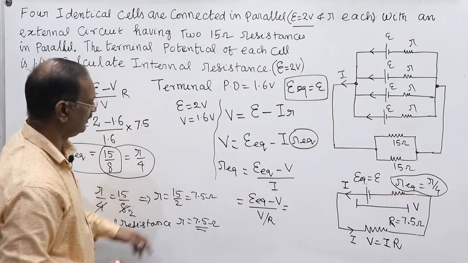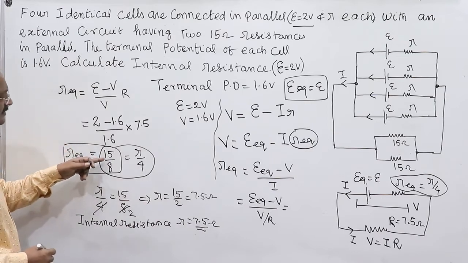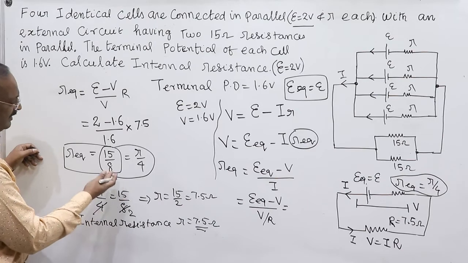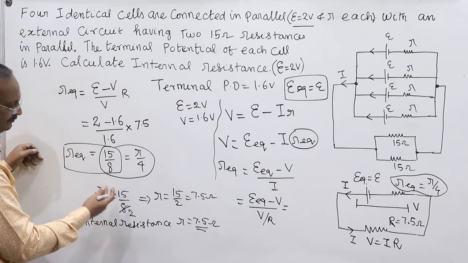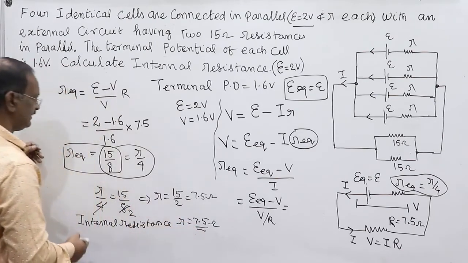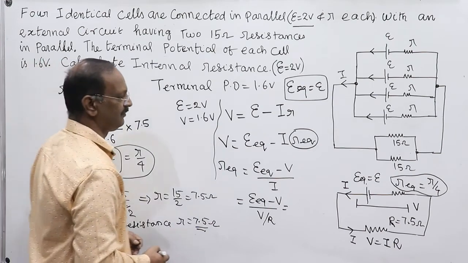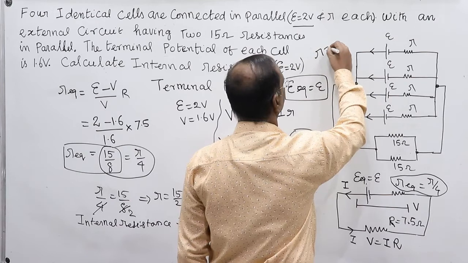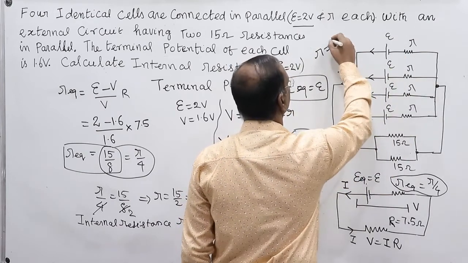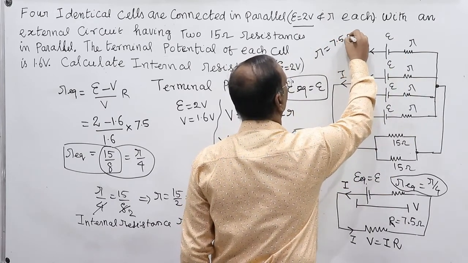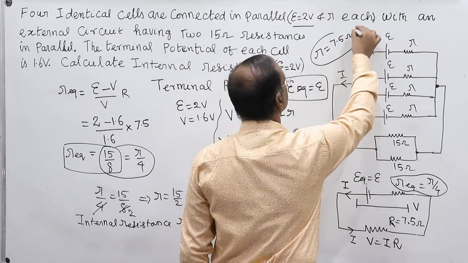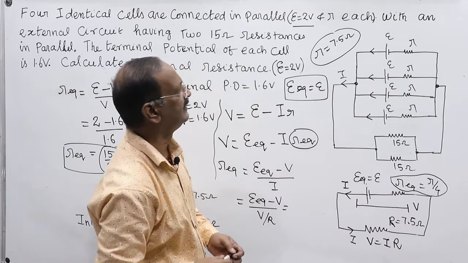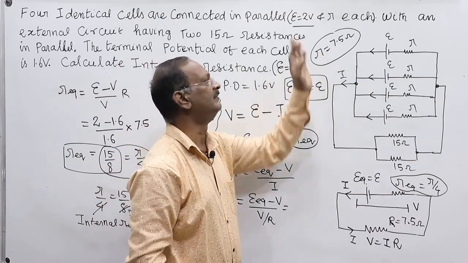This we can verify by putting this equation, which is equal to 15 by 8, and 15 by 8 is nothing but 7.5. So the internal resistance is equal to 7.5 ohm. R is the internal resistance of each cell; all are identical cells, each having an internal resistance of 7.5 ohm.